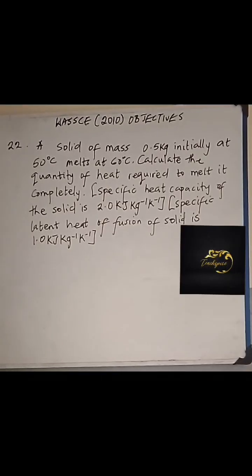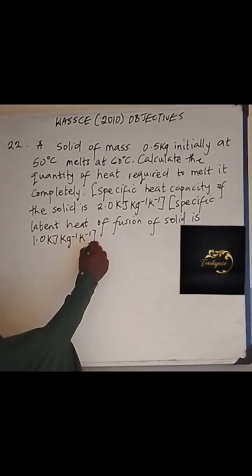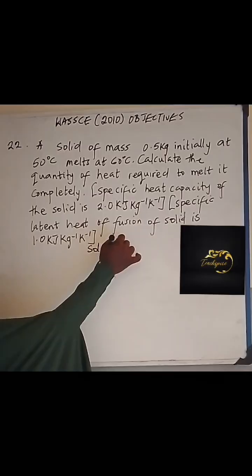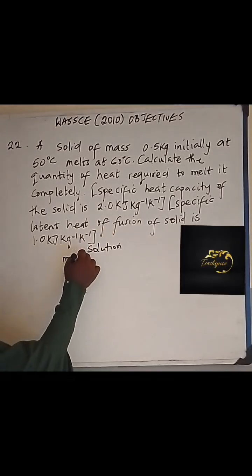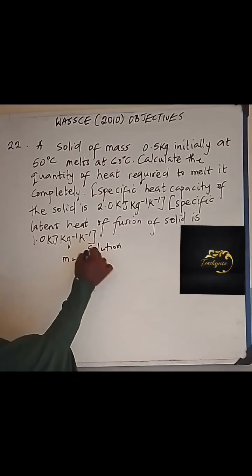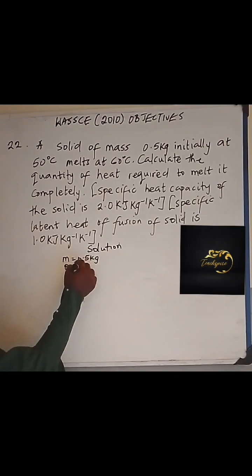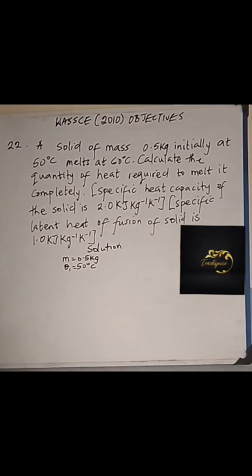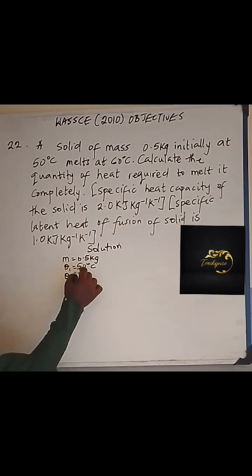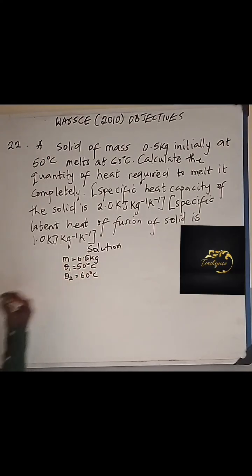A solid of mass 0.5 kg. So we're given mass to be 0.5 kg, initially at 50 degrees Celsius, so we're given the first temperature, which is 50 degrees Celsius. Melts at 60 degrees Celsius, we're given the final temperature, 60 degrees Celsius.